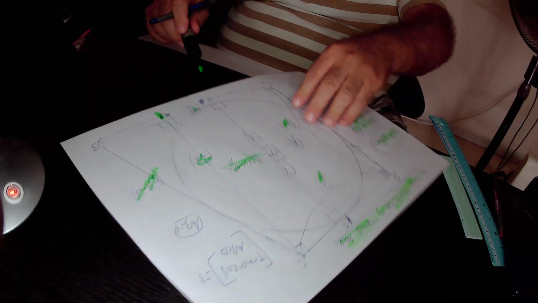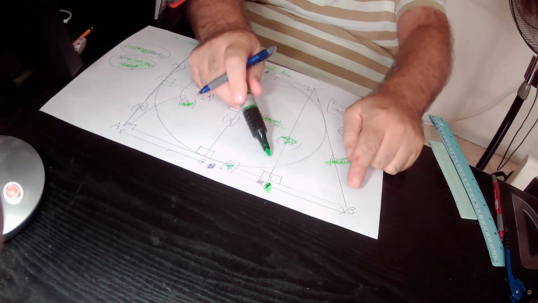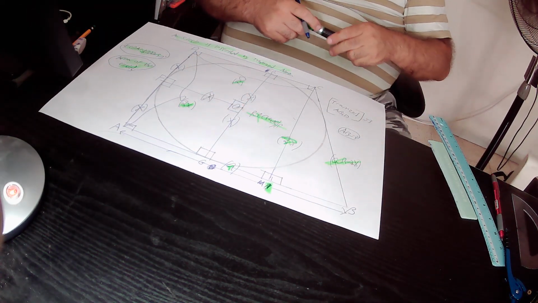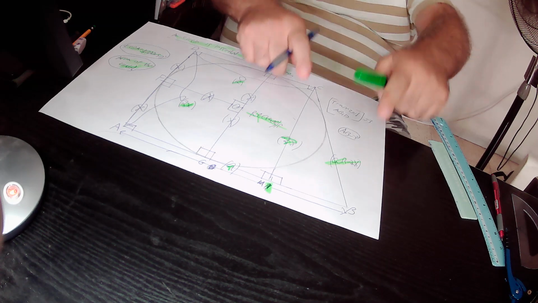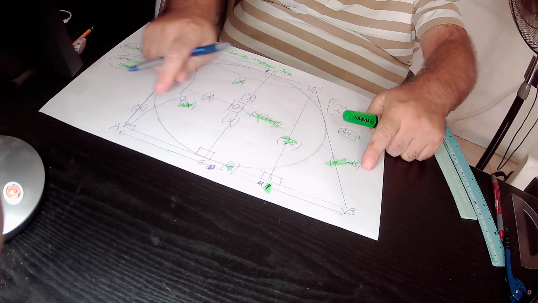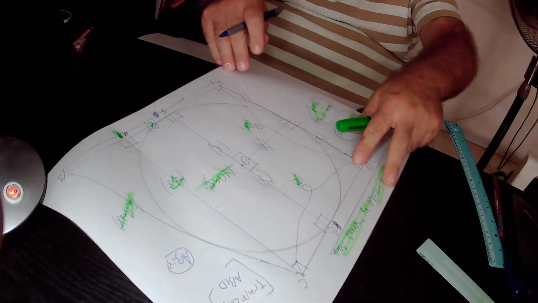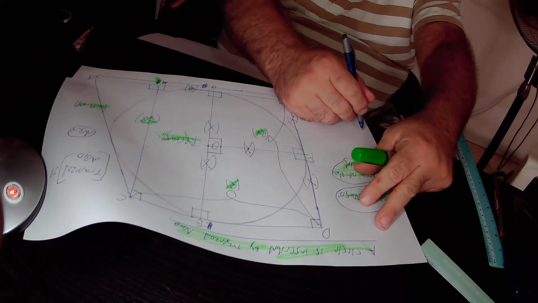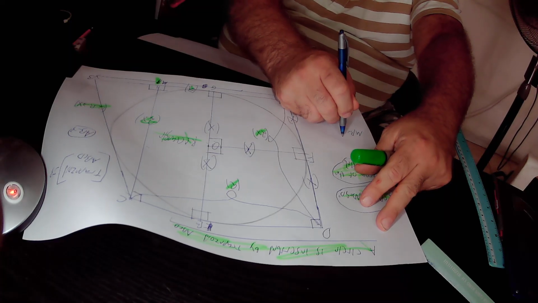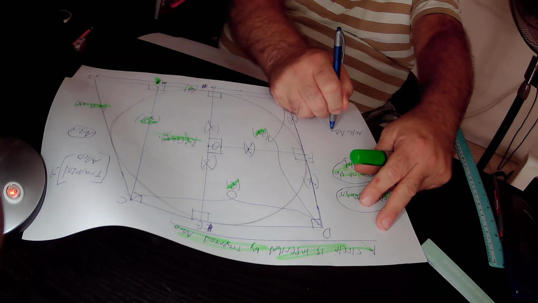What is the length of this missing line segment, MB? From the drawing, it is very easy to see that MB equals AB minus AM.